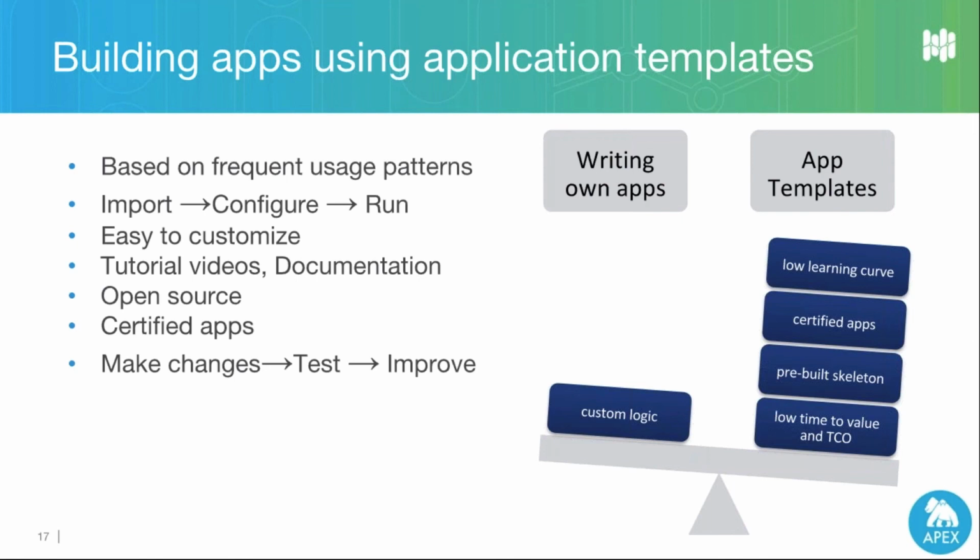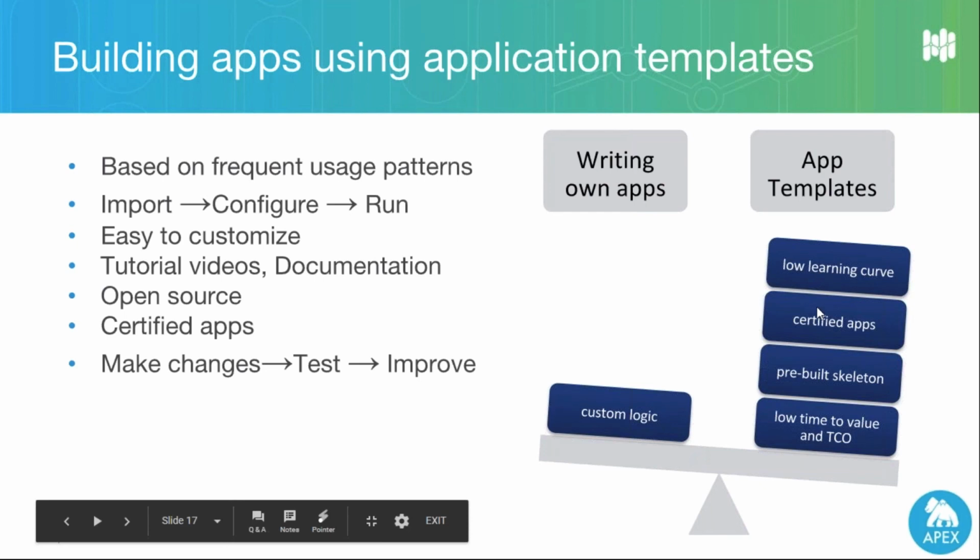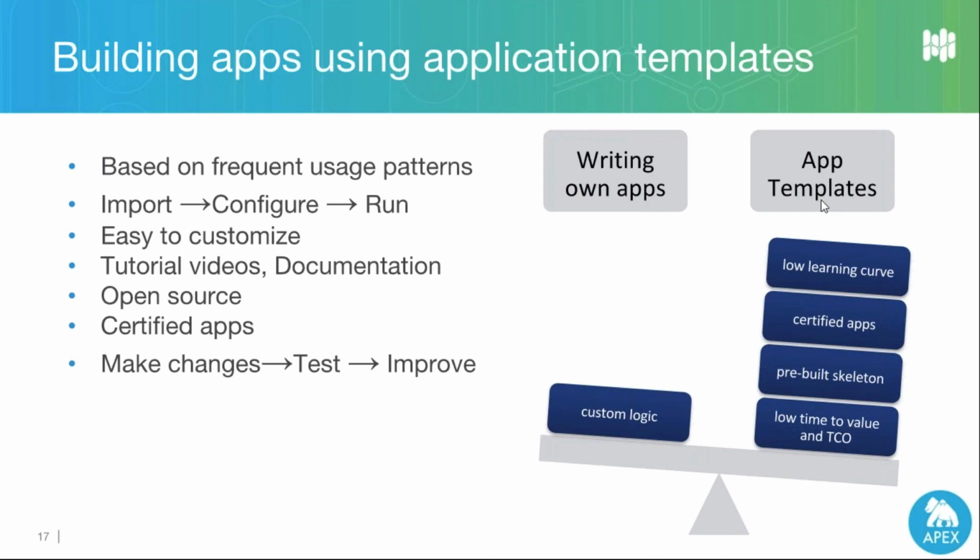You just need to configure it and launch it. There is a low learning curve, because a typical developer will get some confidence when he sees something up and running, and then once he gains the confidence, he can go ahead and customize the application, right?